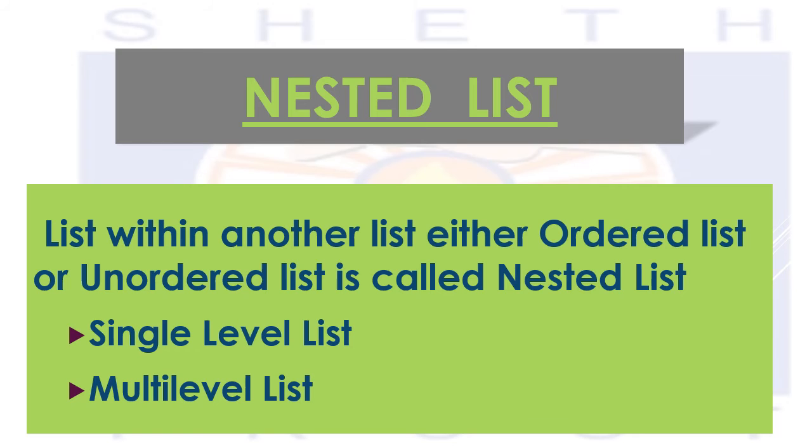In nested list we have to study again two types of listing, single level and multi-level list. Okay. So let us see with examples, definitions and output how this particular nested list can be used in our HTML file.